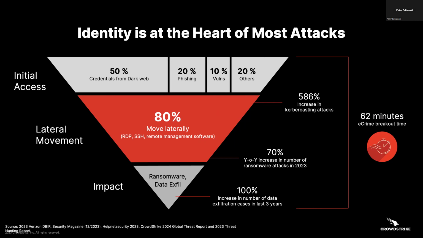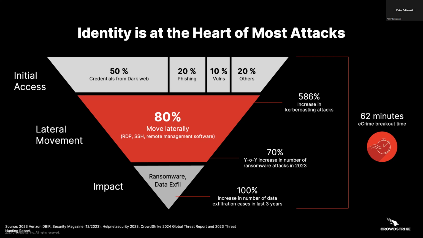Again, unless it's some crazy fringe case with some borderline level of espionage taking place, you typically are seeing this 80% involving RDP, SSH, and other remote management software, maybe TeamViewer, ConnectWise, something to that degree. AnyDesk is another popular one.